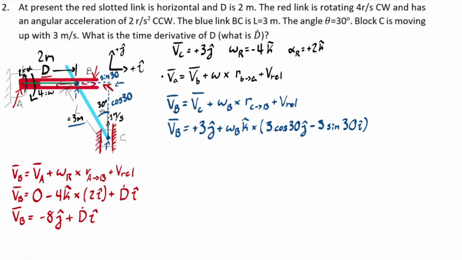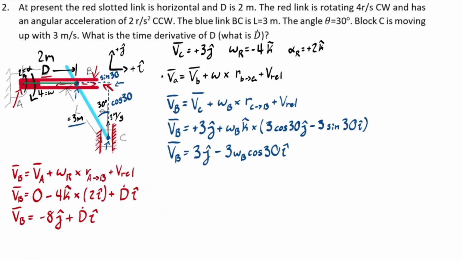Okay, let's do this cross product to make more sense. So this equals 3j plus, and then I have my multiplication of my constants, so I'm going to multiply both of these terms. So that's 3wb cosine of 30, right? And then k cross j, that is a negative I. So we're going to have an I here, and then this sign is actually going to become, I erased a little too much there, this sign is going to become a negative.